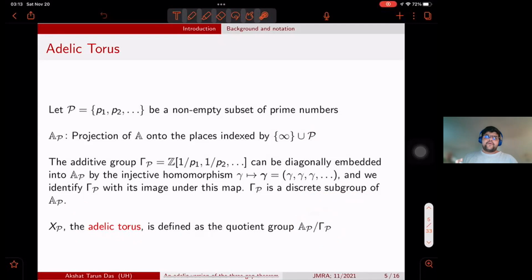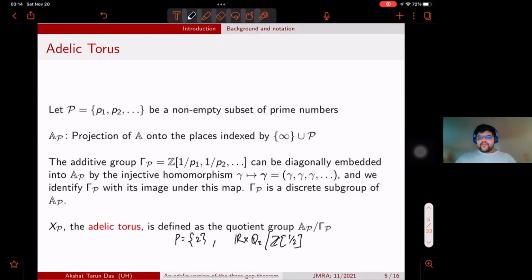And from a topological visualization point of view, if you consider the most basic form of the adelic torus, for instance, if you have the set of primes P to be just the singleton 2, then the adelic torus that we have is this. And this most basic form of the adelic torus is actually homeomorphic to the Smale-Williams solenoid. So that's just to have a topological visualization for the most basic form of the adelic torus.